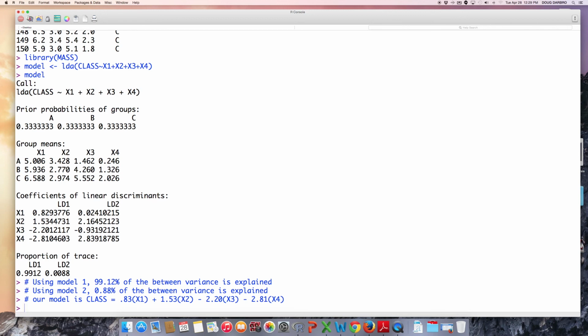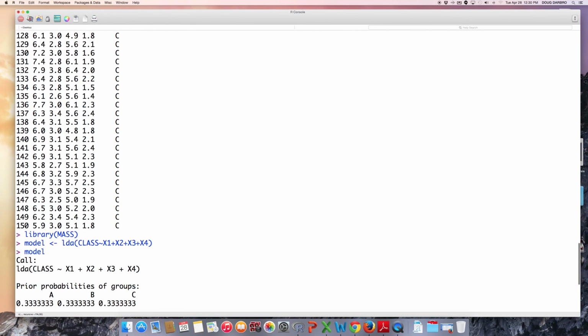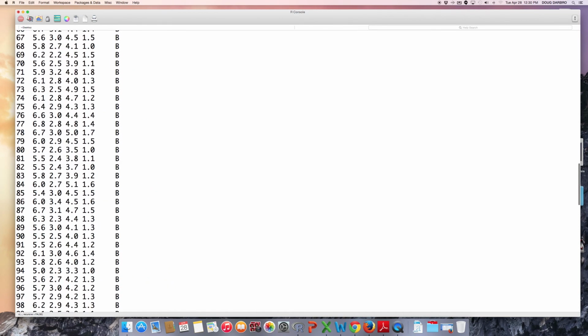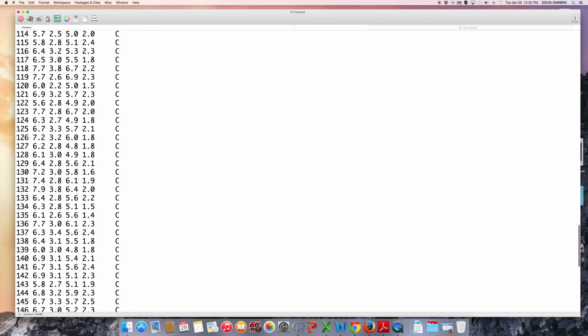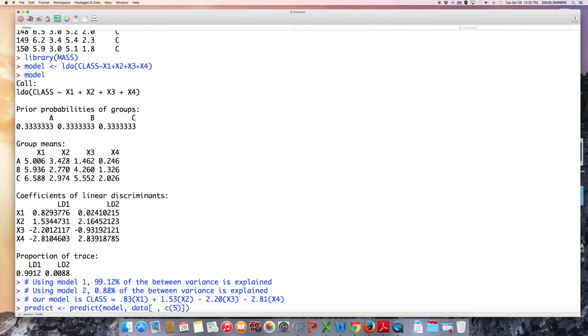So gang, we've created our model here. The next thing I want to do is be able to use our model to predict group membership. So I'm going to just call this predict again. And I want to make my predictions based on my model. And the data that I want to use is I want to use all the rows, but I only want to use the fifth column, and the dollar sign.